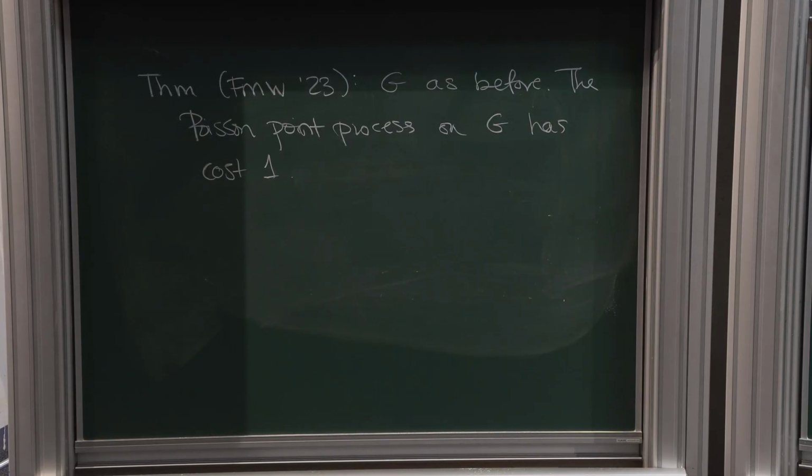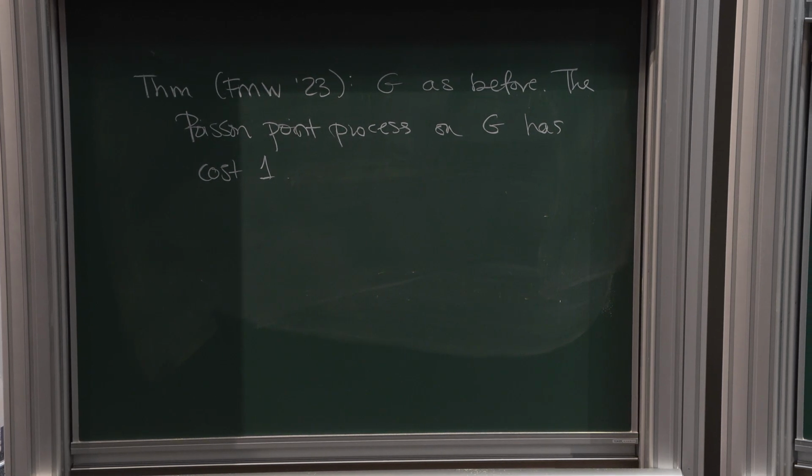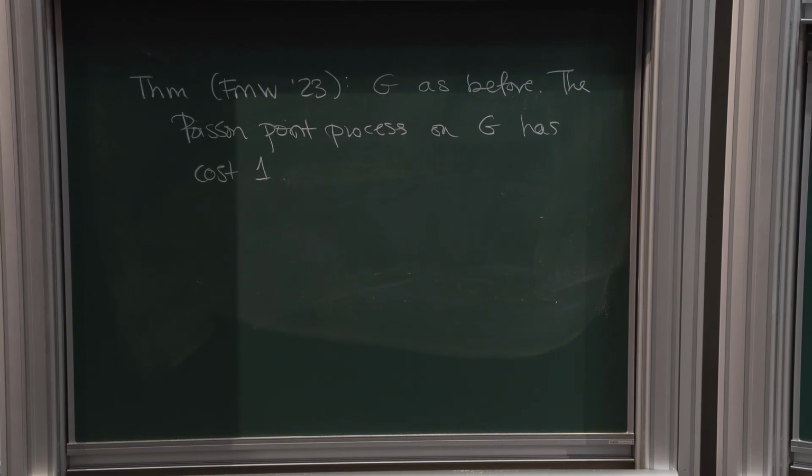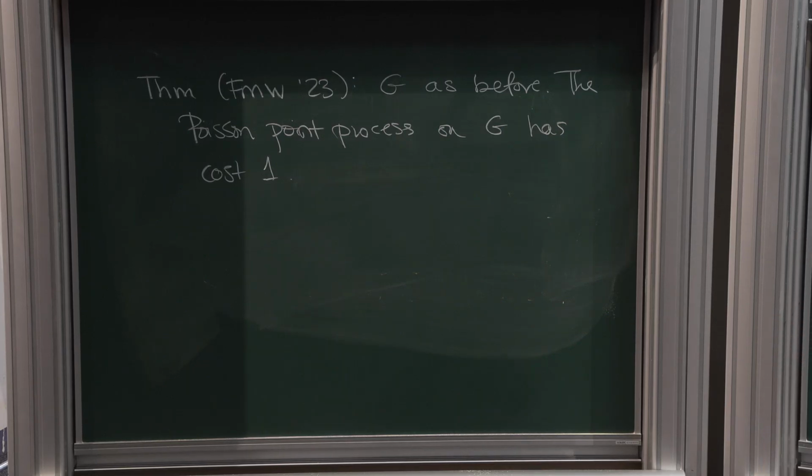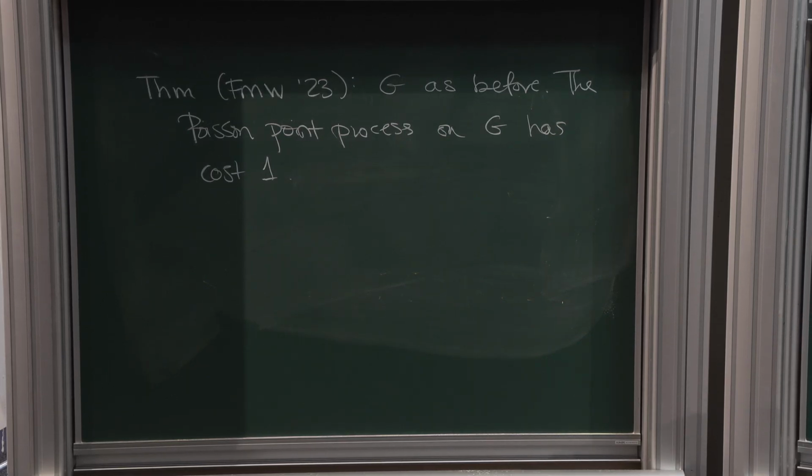We take a Poisson point process on G and we prove it has cost 1. Then by these results of Mikolaj and Sam, we get fixed price 1, which tells us two things. It tells us vanishing rank gradient in the main theorem. It also gives us that any lattice in G has fixed price 1, which gives a lot of new examples.